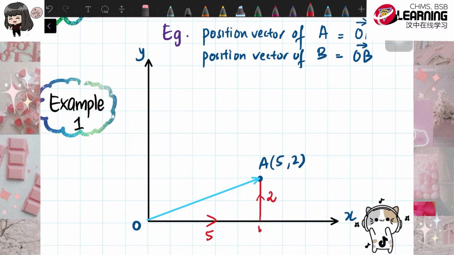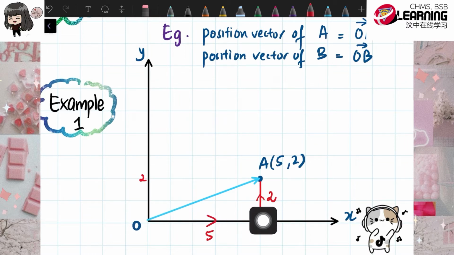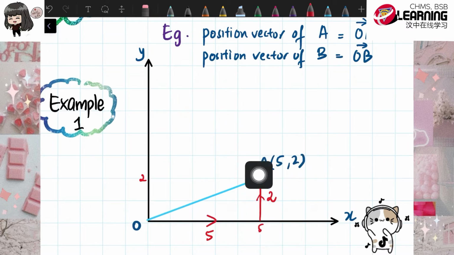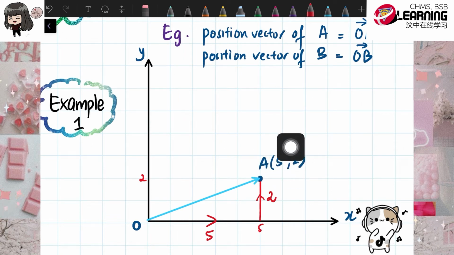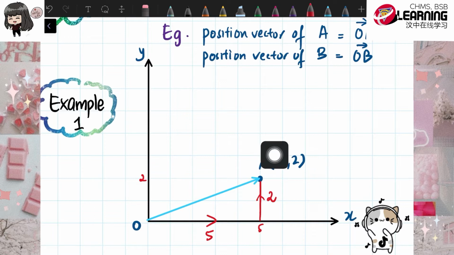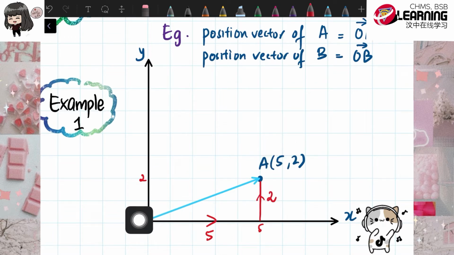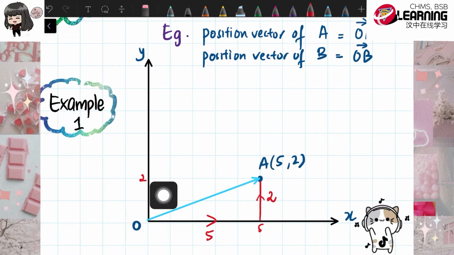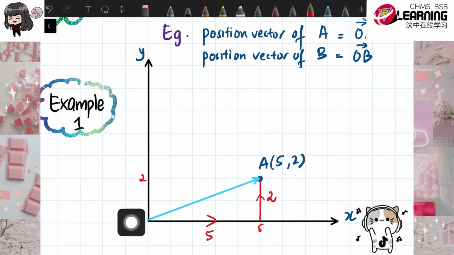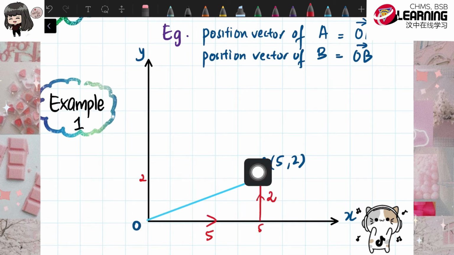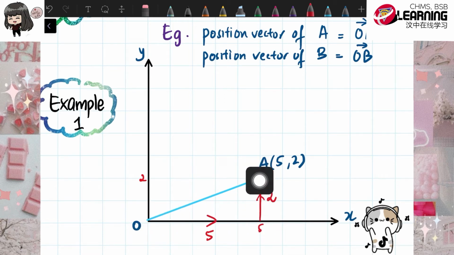That is why your 5 is here and your 2 is here, because it's 5 to the right and 2 up. That's why your coordinate of A is 5, 2. Actually, your position of A is at a coordinate of 5, 2. Am I right? So it's relative to your origin, 5, 2. It goes 5 to the right and goes up 2.